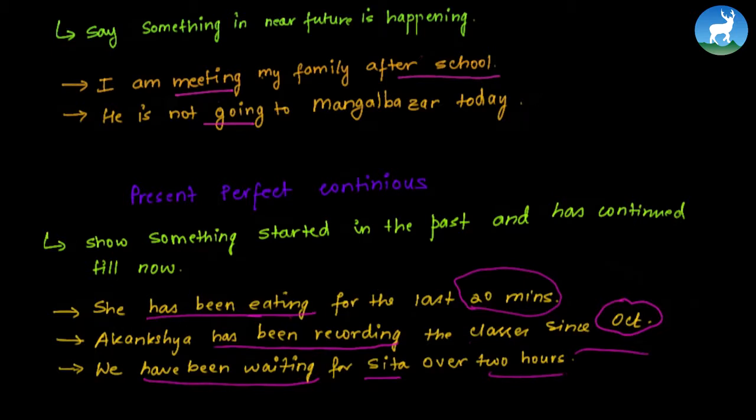So it means that she has been eating for the last 20 minutes. Another example, Akankshya has been recording the classes since October. So it's already November and she's still recording the classes. So I can say that she has been recording the classes since October. It happened in October and now it's November and she is still recording it. So we use the present perfect continuous tense.